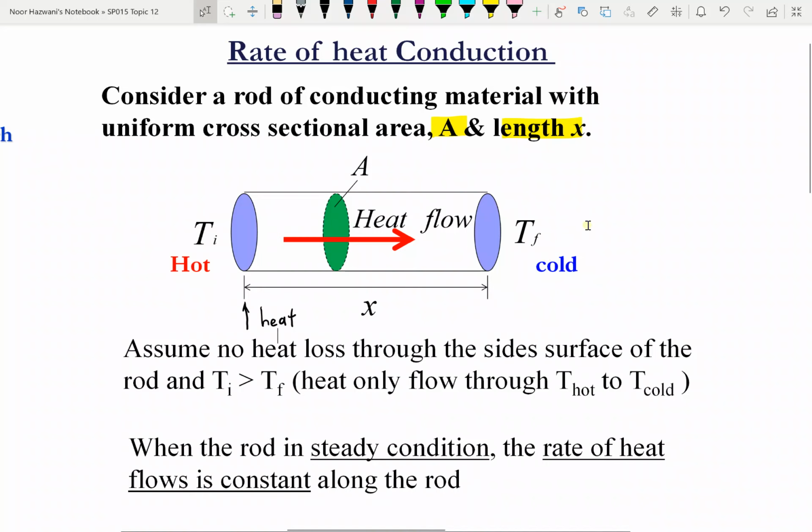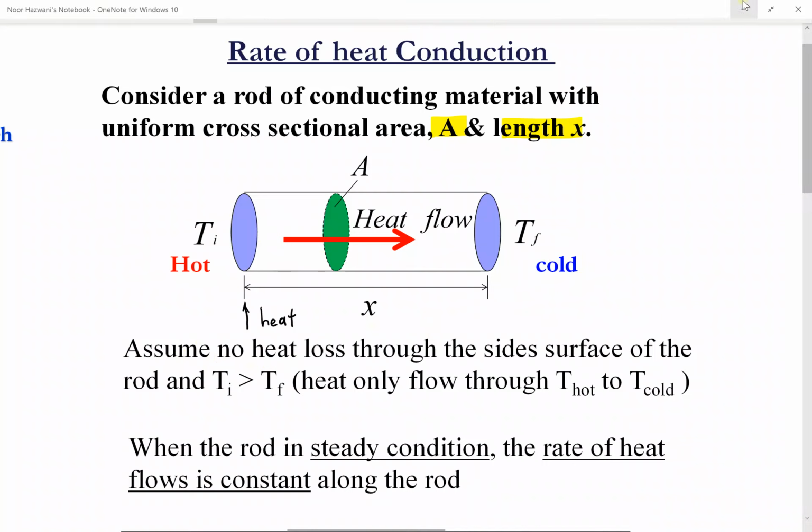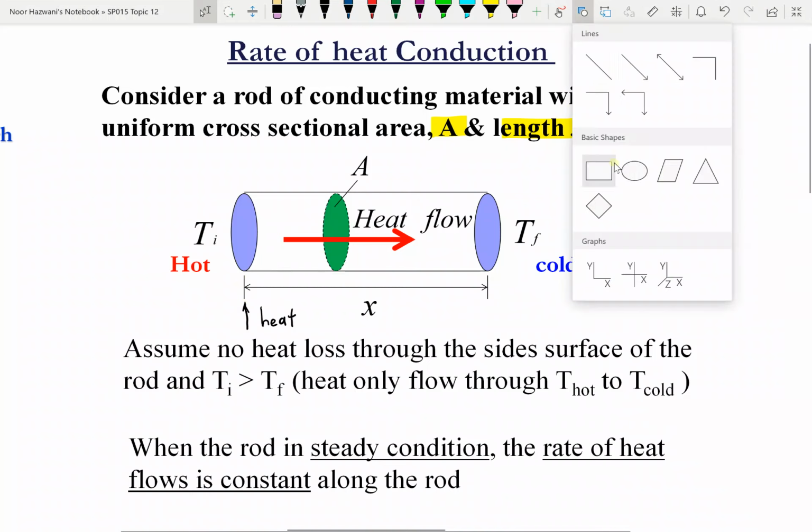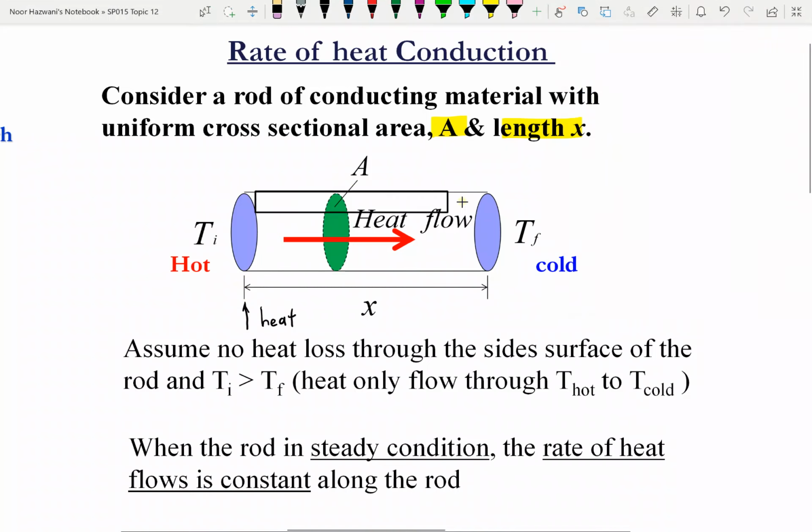Okay, but then in this topic, we actually insulate your rod. So basically dekat hujung ni, kita akan ada insulator.